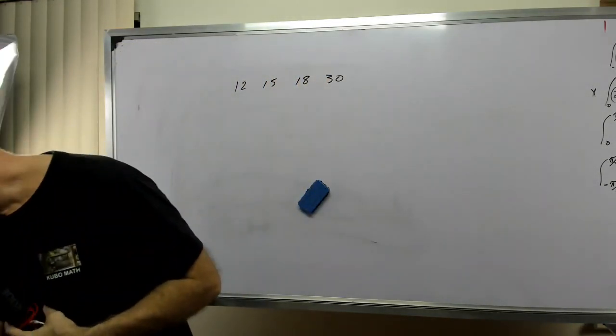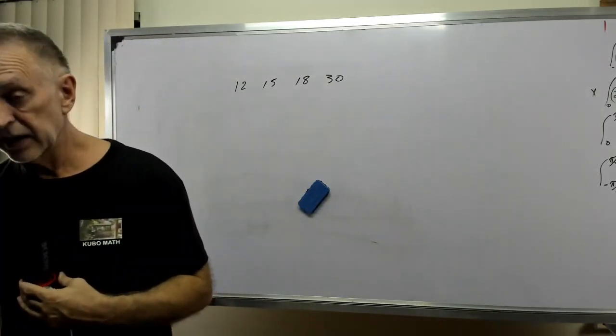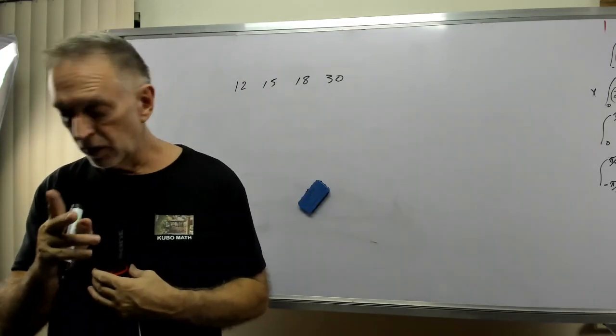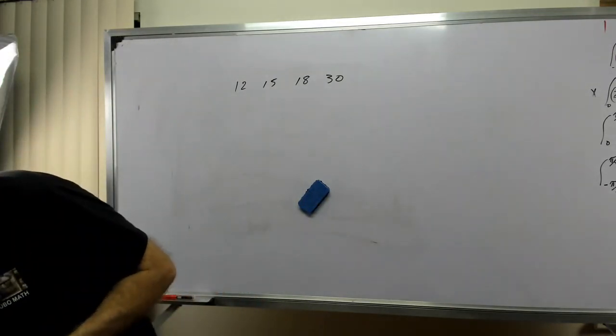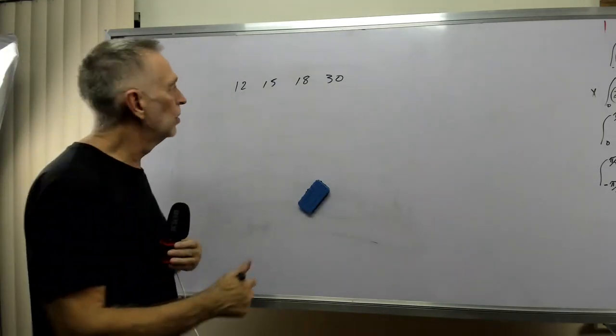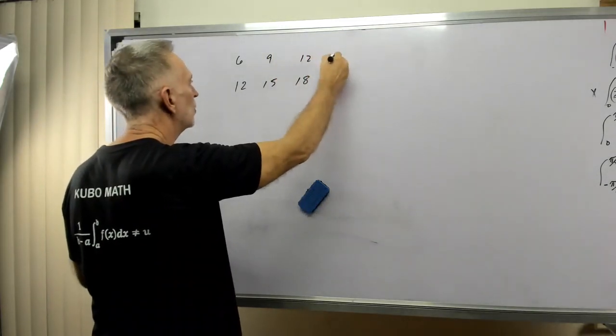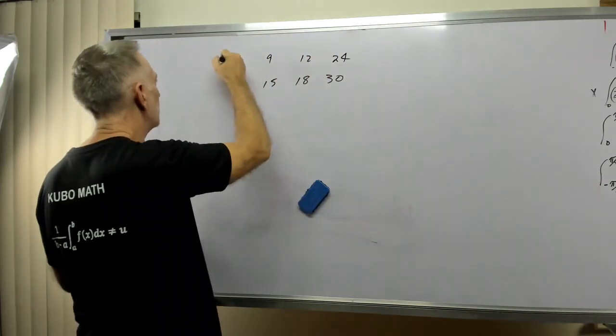Okay. Find the least number. So we've got to find the least common multiple. They're telling you least. But it gives a remainder of 6, 9, 12, 24. That's my remainder.